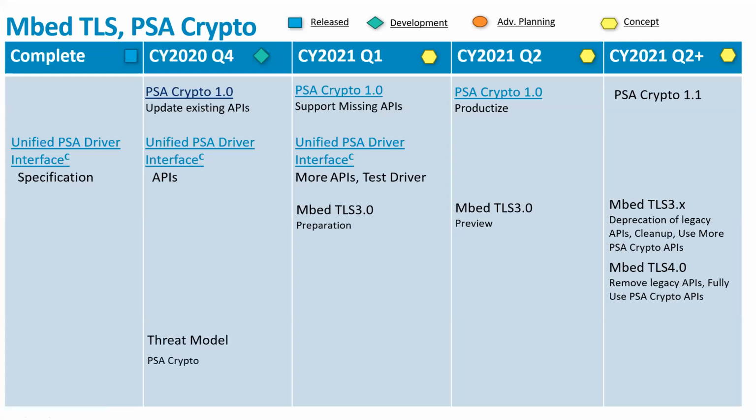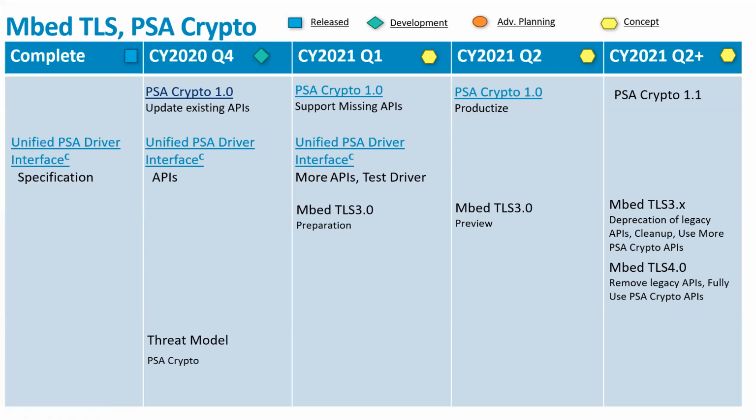Following on other threads, I think Janos mentioned it as part of the first presentation. One of the things that we have been working on in the background is a threat model for Mbed TLS and PSA crypto, because we often get comments like, does Mbed TLS mitigate against side channel attacks, or does it mitigate against these sort of vulnerabilities?